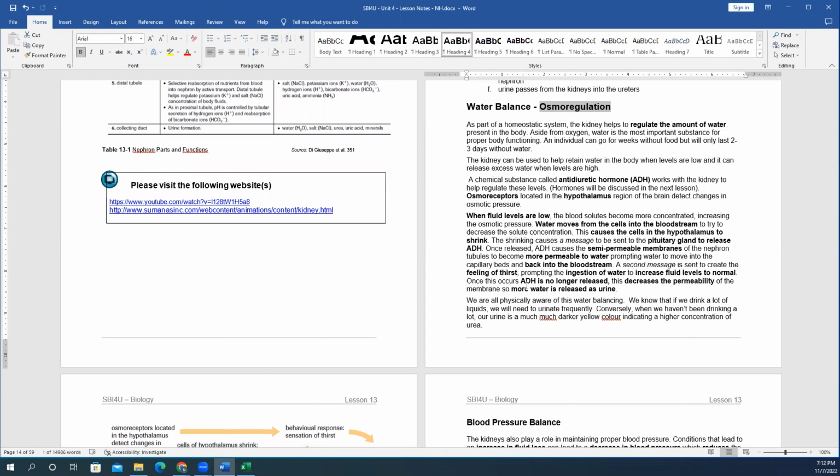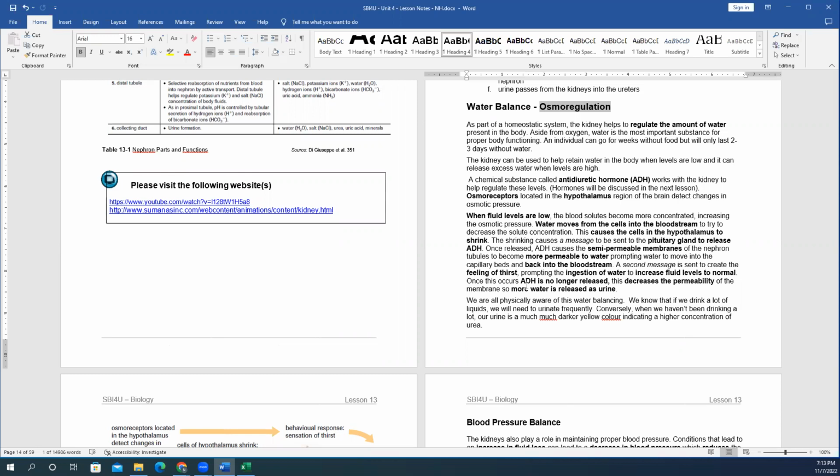There's no more signal being sent for ADH to continue to be released, and so this will decrease the permeability of those membranes in the nephron. We don't need to take water again from the urine back into the capillaries, and water then gets released as waste into our urine.